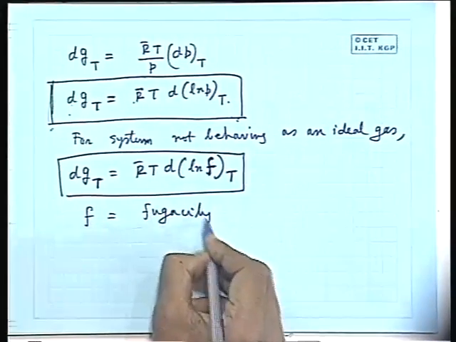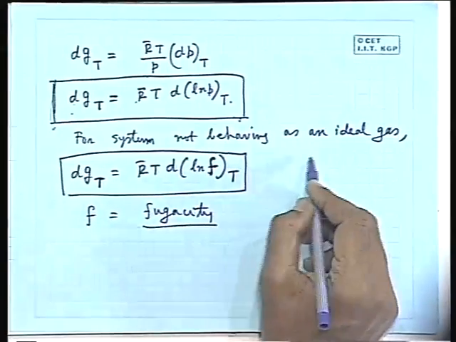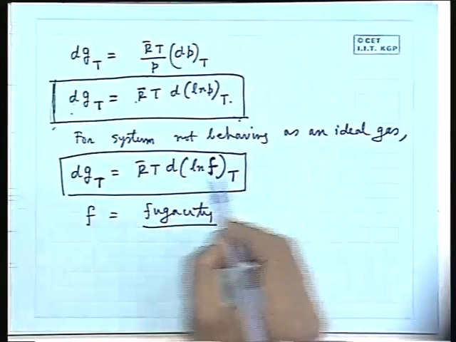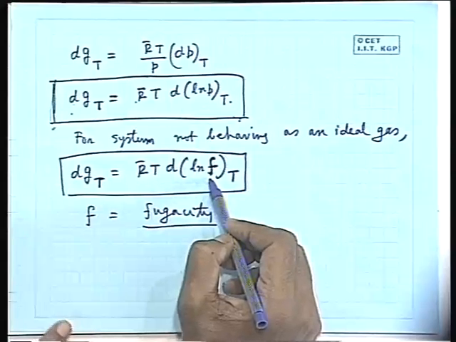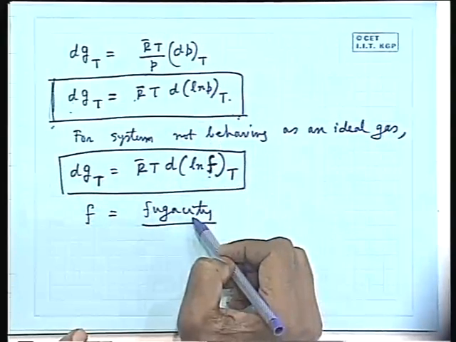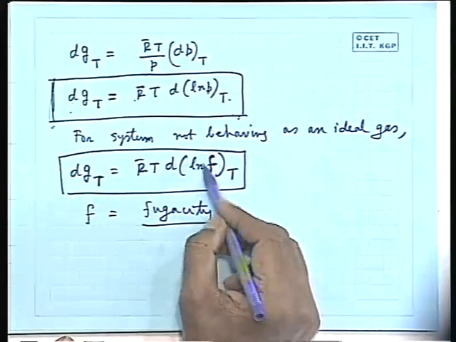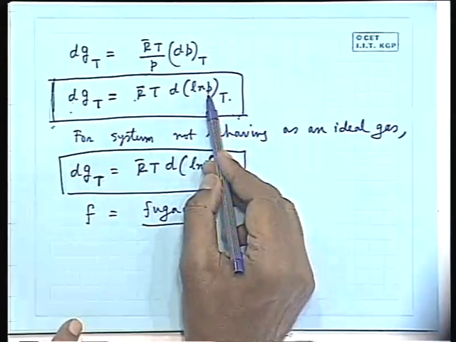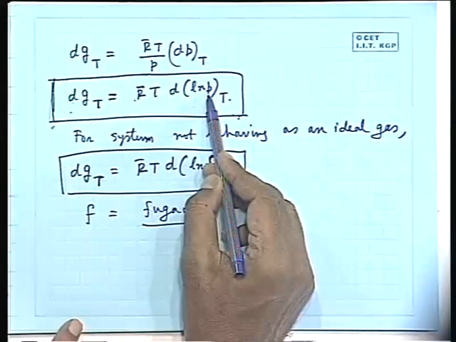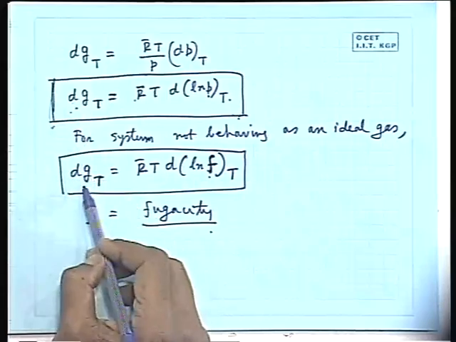So you see, fugacity of a system is the same as that of a pressure in an ideal gas. Its unit is the same and its sense is also the same. We can say that fugacity of a system does the same thing as the pressure of an ideal gas does with respect to the change in the molar Gibbs function.